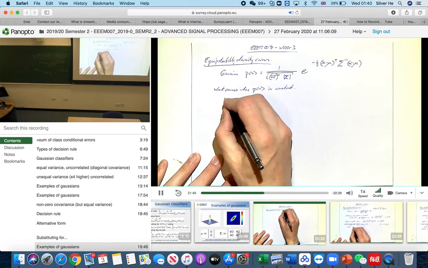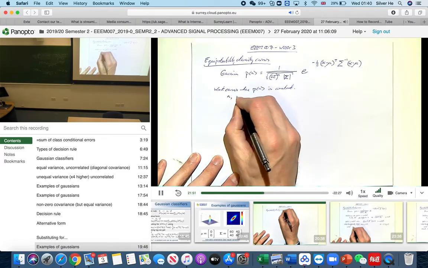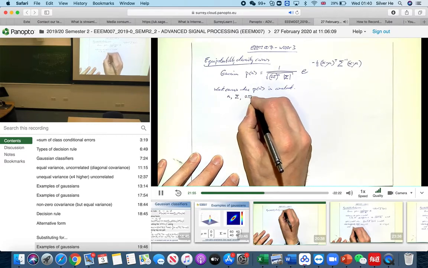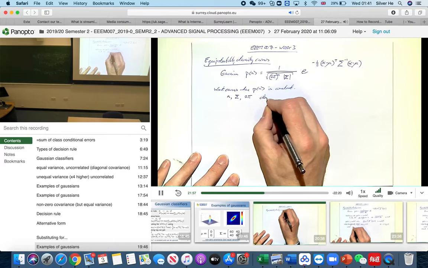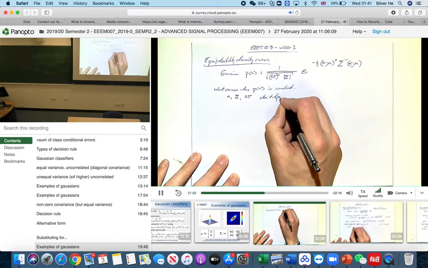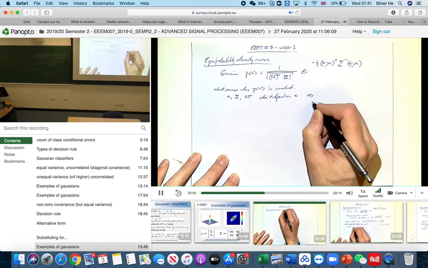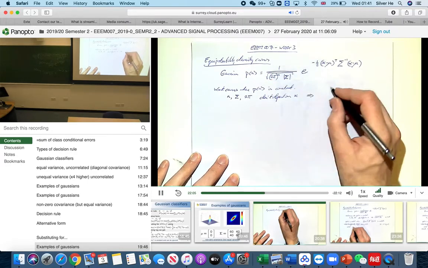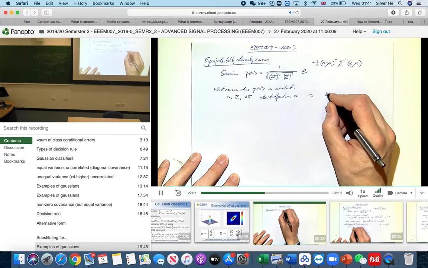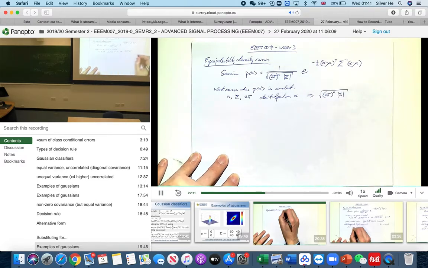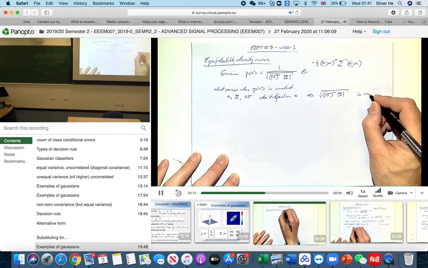We know that n, sigma, and 2 pi don't depend on x. So therefore, this thing at the bottom here, 2 pi to the n, determinant of sigma squared, square root, is constant.